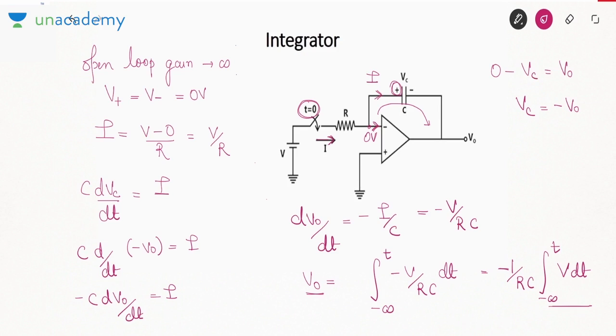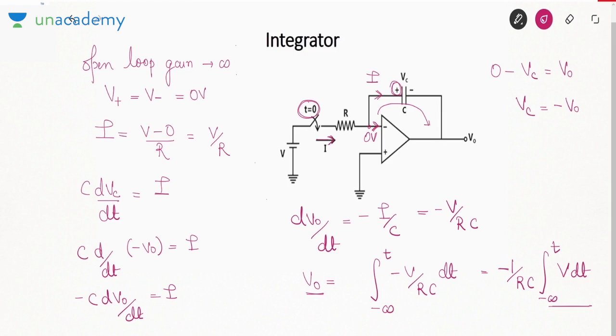Or it might be a sawtooth wave. That depends how you are operating the switch. Also, just integrator, you don't have to memorize any expression. Just apply the concept of virtual ground and simply KVL and KCL.